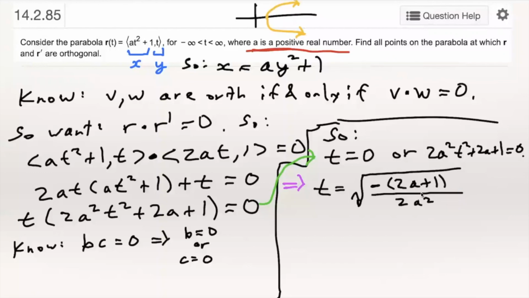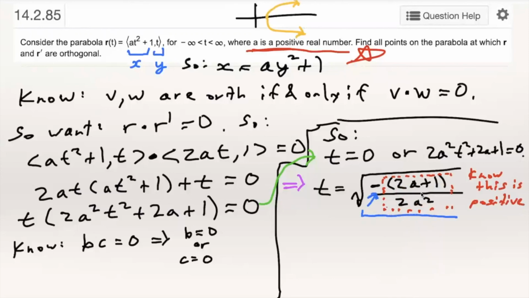Now, we were told that a is a positive number. Because a is positive, 2a plus 1 is positive, and also 2a squared is automatically positive. So we know that this box guy is positive. But we have a negative sign.